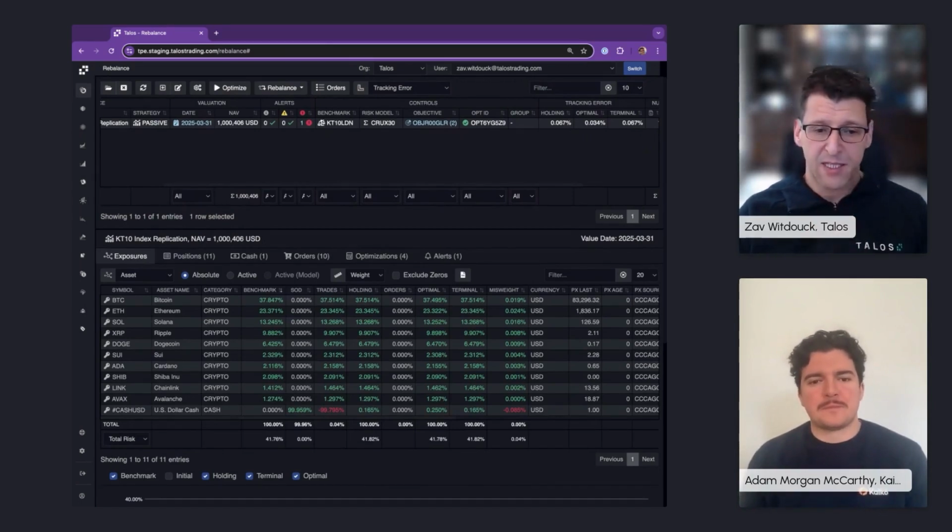Yeah, no, I think the tool provides investors a very easy and robust means for running these kinds of strategies and much more complex strategies at scale. So obviously some investors will use the Kaiko 10 Index as a benchmark within an active strategy. So if they're trying to outperform that strategy, they can also use the same tool to run active strategies.